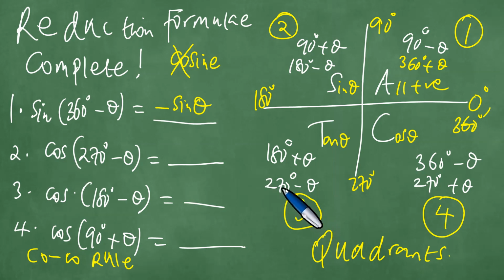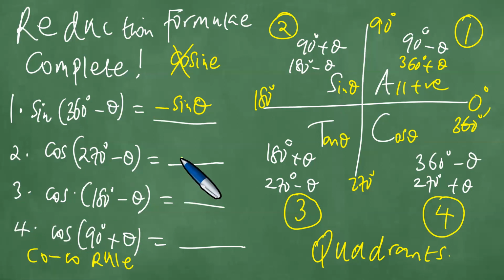Now we're dealing with 270 minus. First you must identify the quadrant that you are in. So 270 degrees minus theta is in quadrant 3. And which functions are positive in quadrant 3? It's only tan. So the cosine is going to be negative there.